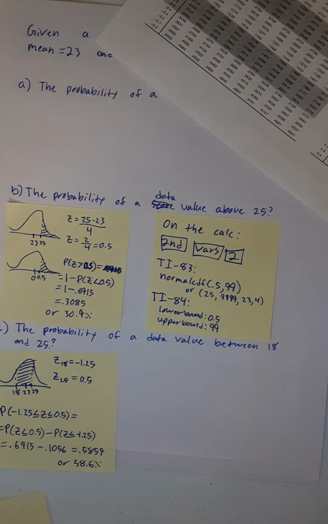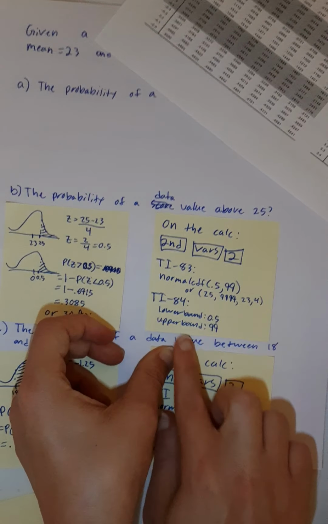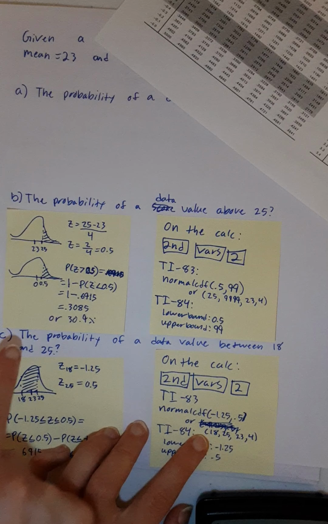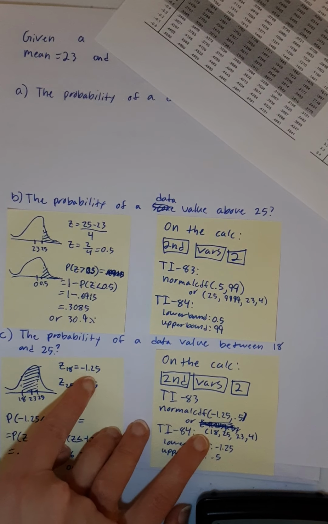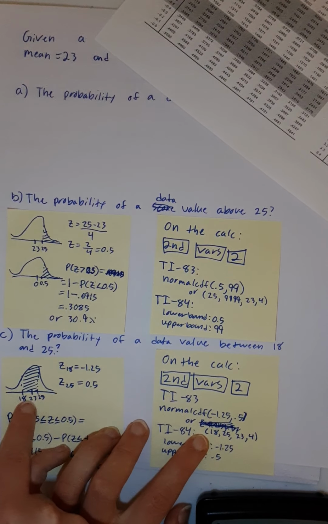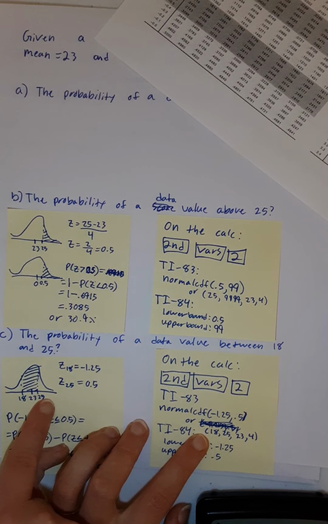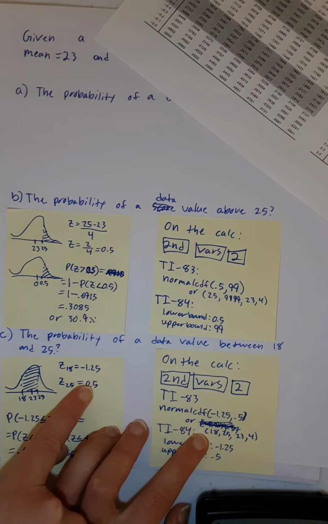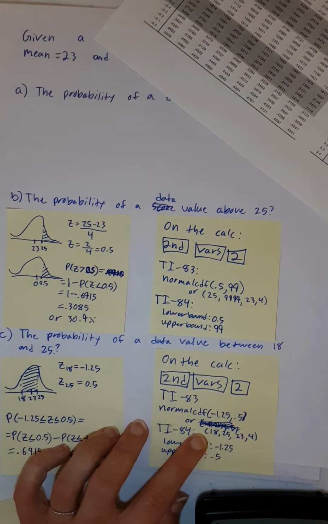We can also use the calculator to do this, and this is probably the easiest one to do on the calculator because you can just plug in your lower bound, which is the z-score corresponding to 18, which is negative 1.25, and your upper bound, which corresponds to 25, which was a z-score of 0.5. We want to be between those.